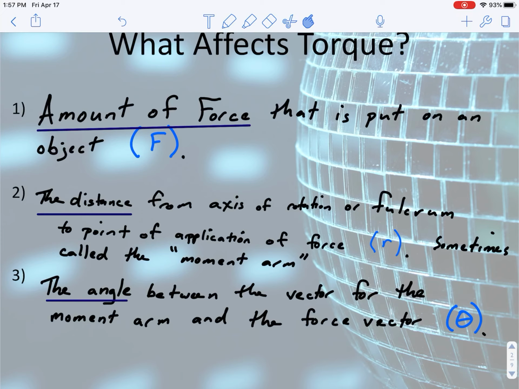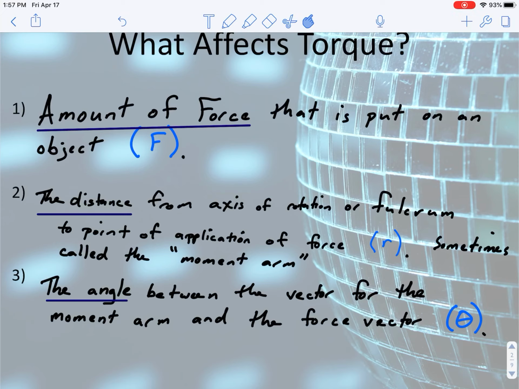The second thing we're going to look at is how far that force is applied, the distance between the axis of rotation or the fulcrum of the object all the way to the point of application of the force. This is another case where we are going to use a lowercase letter r to represent that vector distance.